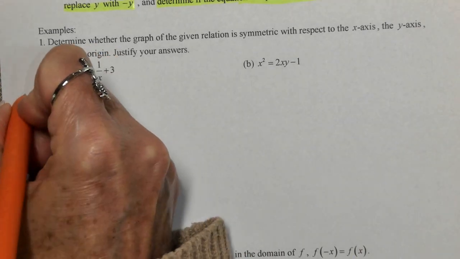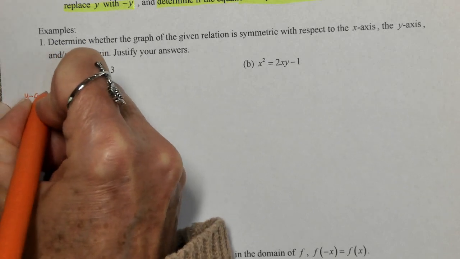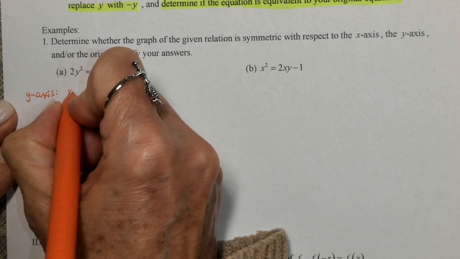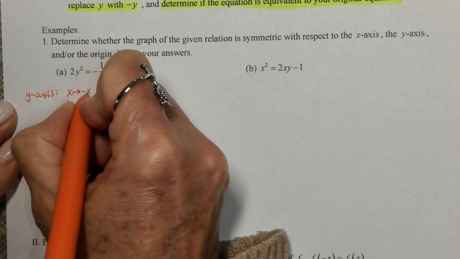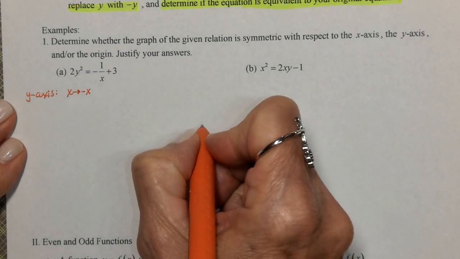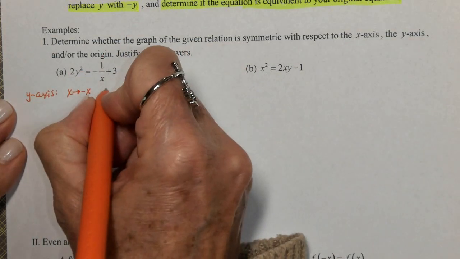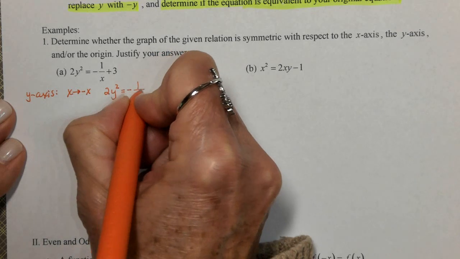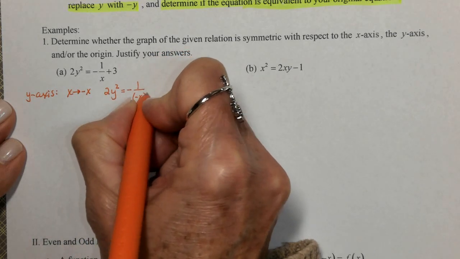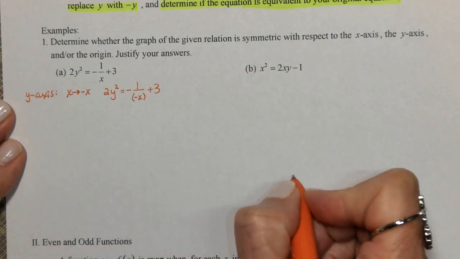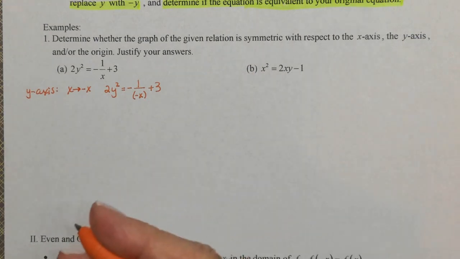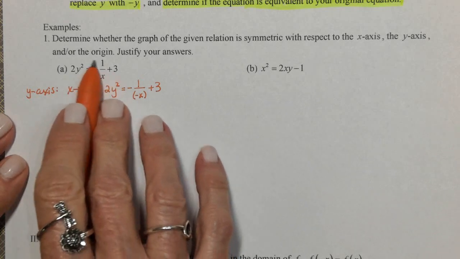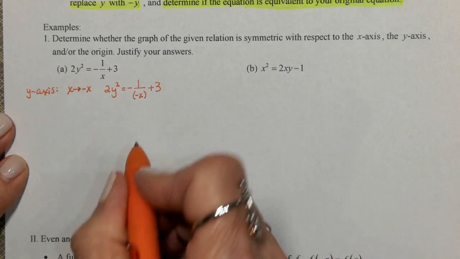For y-axis symmetry, we're going to replace x with negative x. So my relation is now 2y squared is equal to negative 1 over negative x plus 3. So now I'm going to manipulate this a little bit, see if I can force this equation to be equivalent to my original equation.